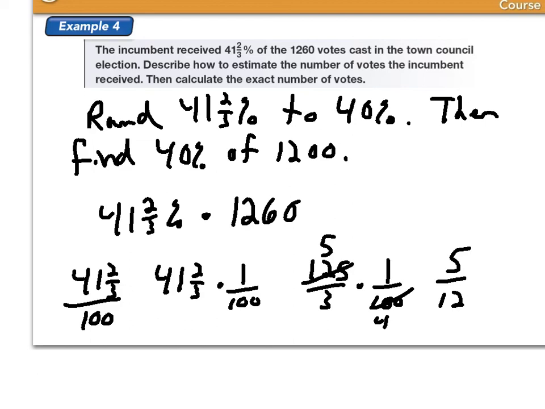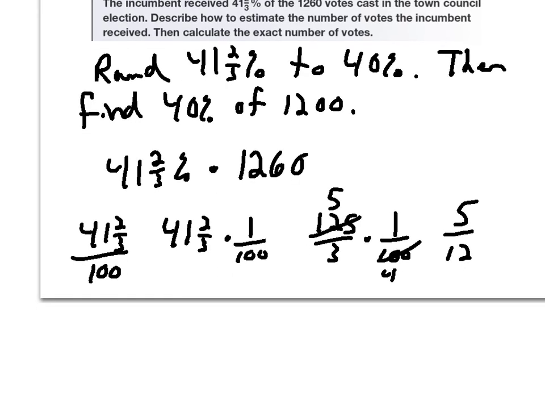Now I just need to take that and multiply it by 1,260. So I'm going to take 5/12 times 1,260 over 1. Well, I can cross cancel because 12 goes into 1,260.